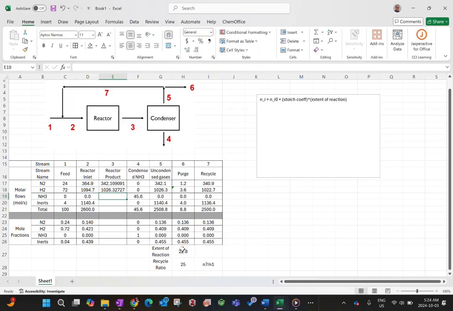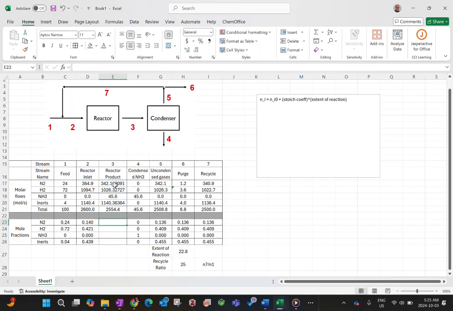Okay, and for ammonia, the stoichiometric coefficient here is 2. Inerts plus 0 times the extended reaction. So that's kind of boring. And then the total is just summing up all of this.